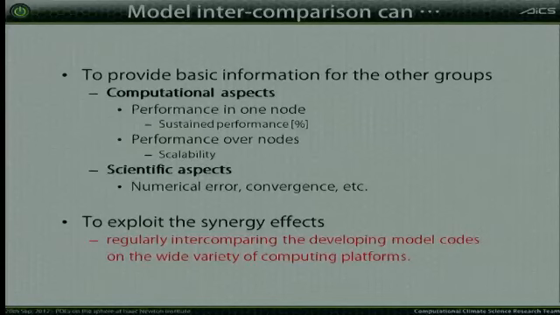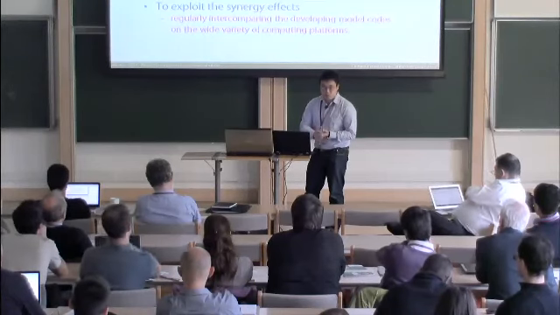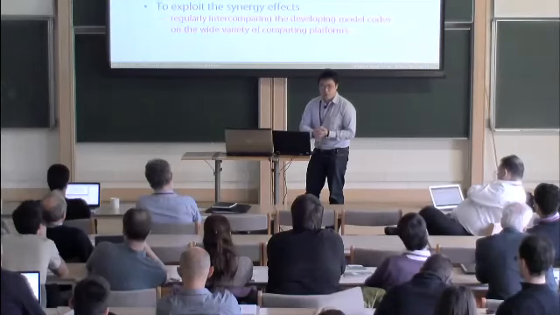Model intercomparison can provide basic information for other groups, in both the computational aspect and the scientific aspect. The computational aspects include the performance in one node and the performance over the nodes.